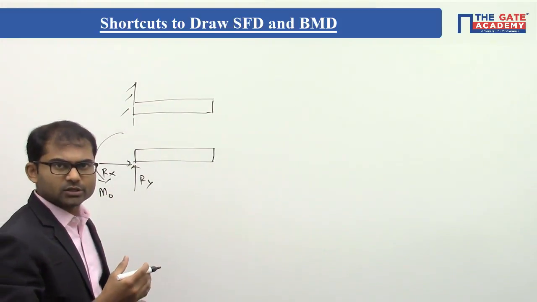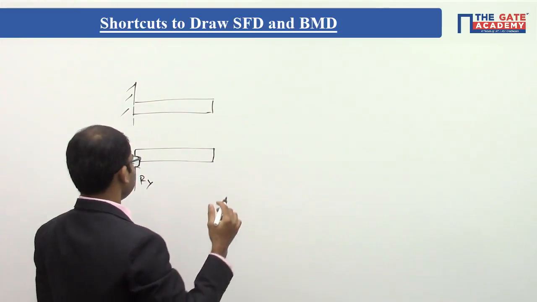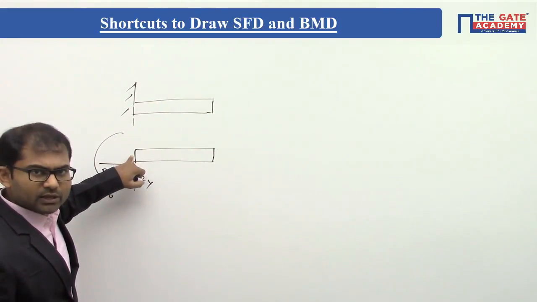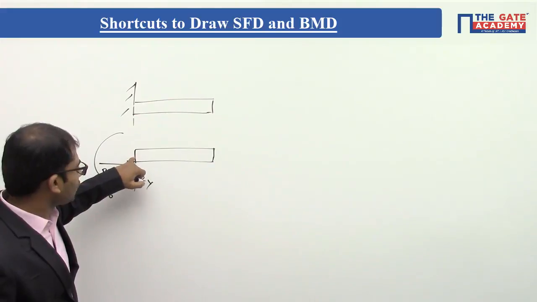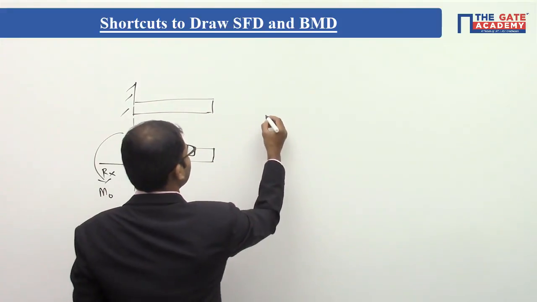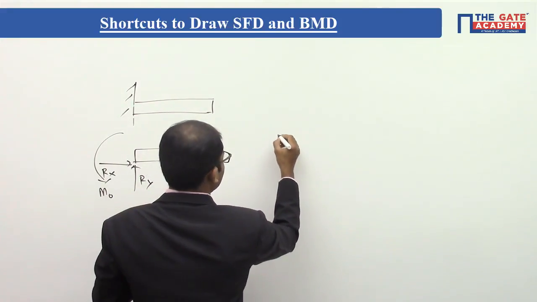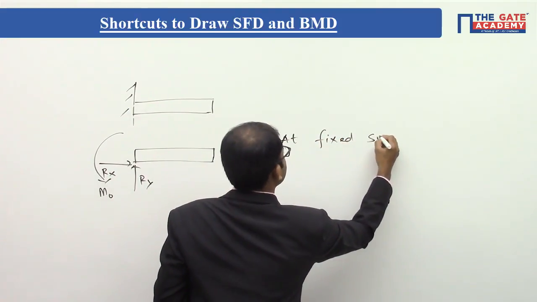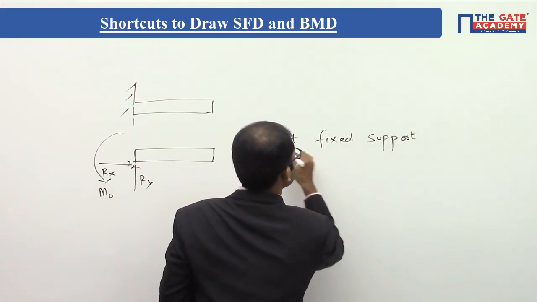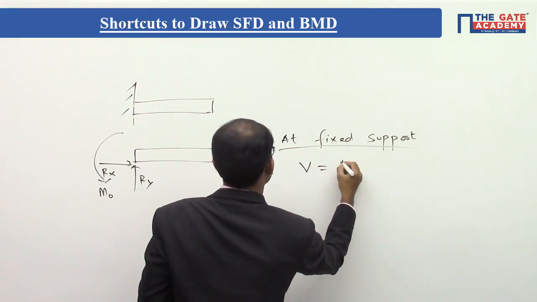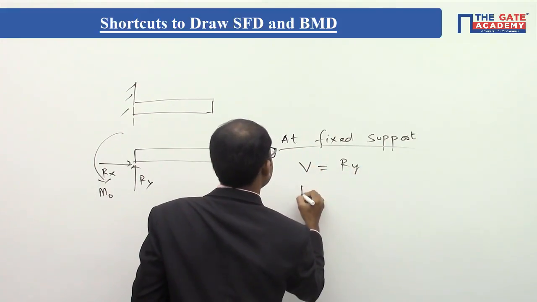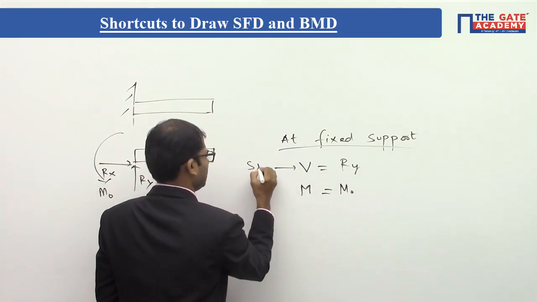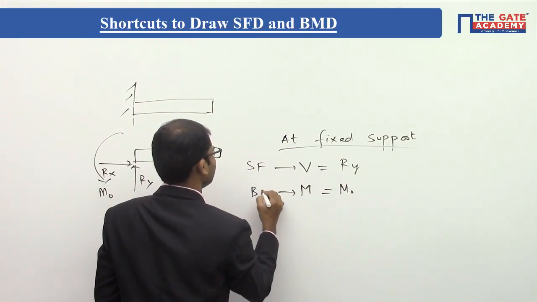This shortcut or this result says that the value of shear force at this location is equal to the Ry value. So at the fixed support, V is equal to Ry and the bending moment value is equal to M naught. So this is shear force, this is bending moment.